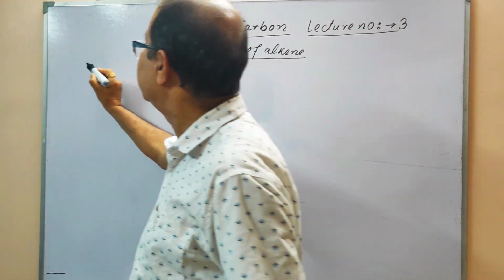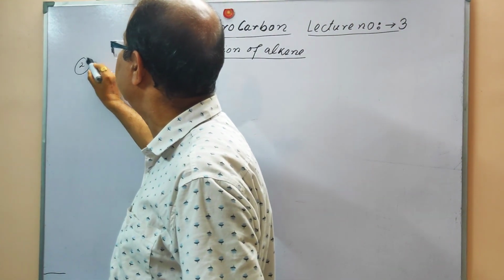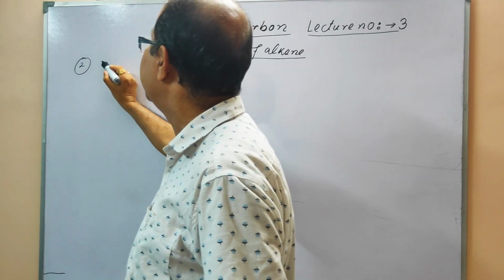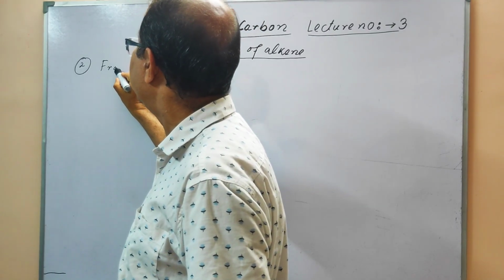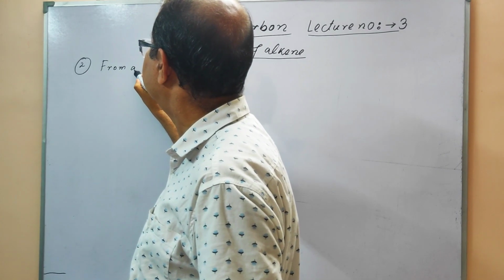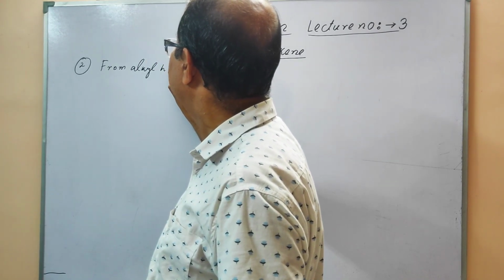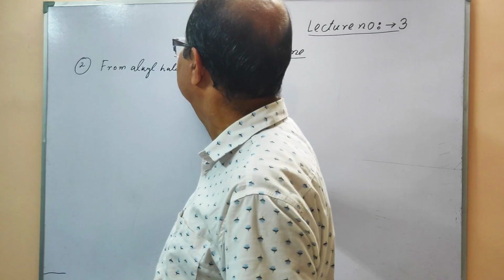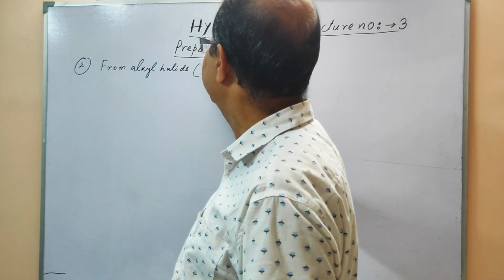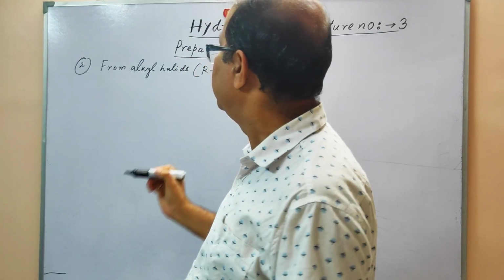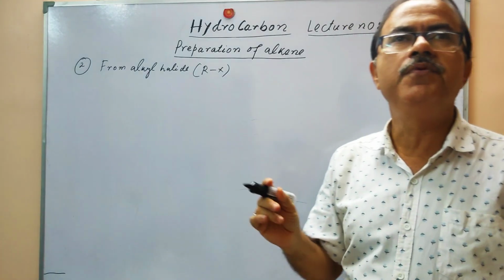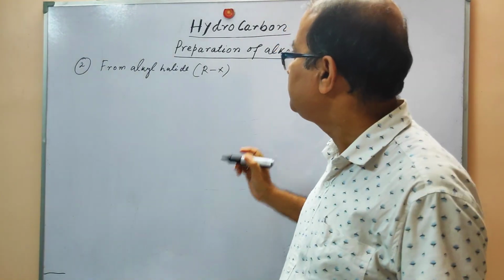Now we are going to discuss the second process by which we can produce this alkene, that is from alkyl halide. Alkyl halides, or we can say RX. This X can be chlorine, bromine, or iodine.